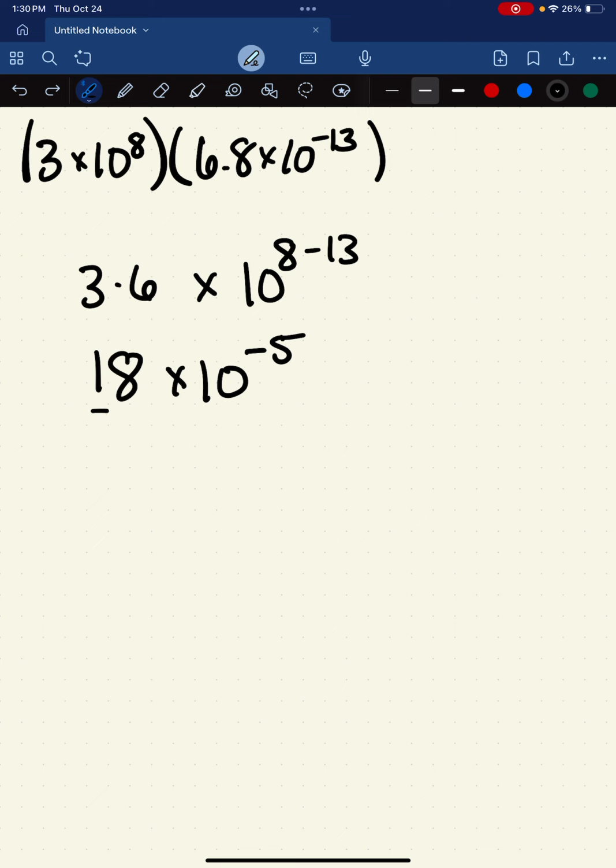Now, this is an integer, that's fine. The problem is that this is too big.